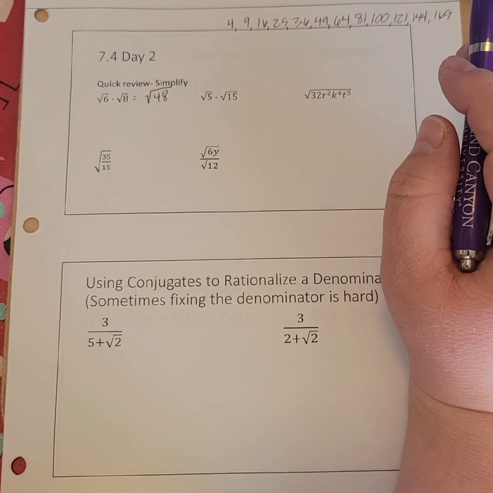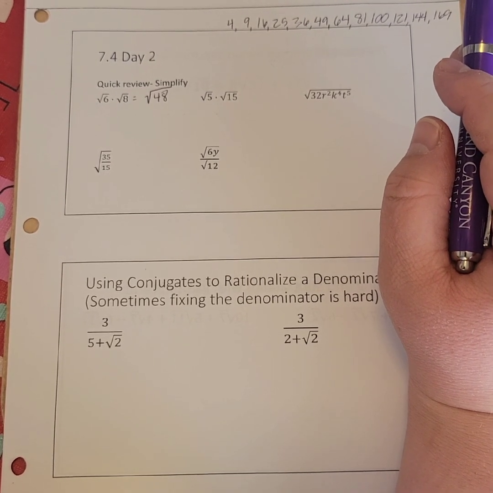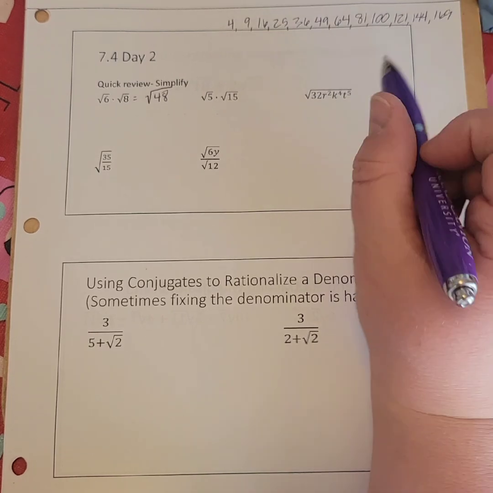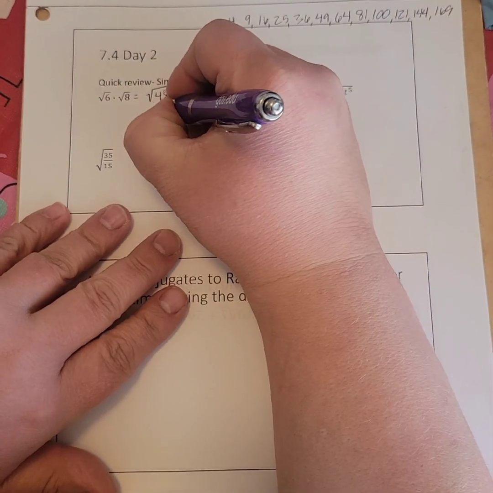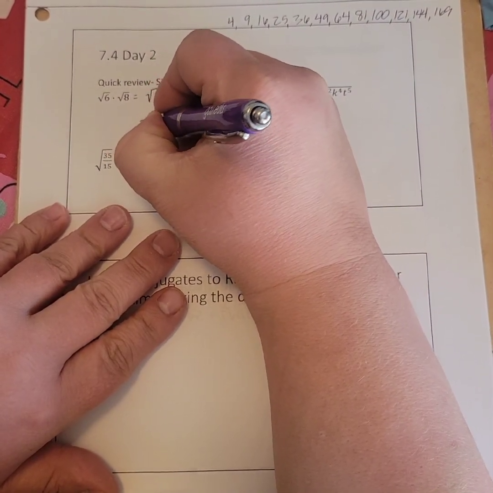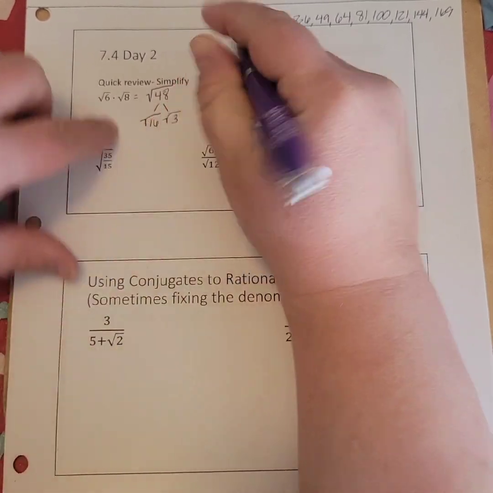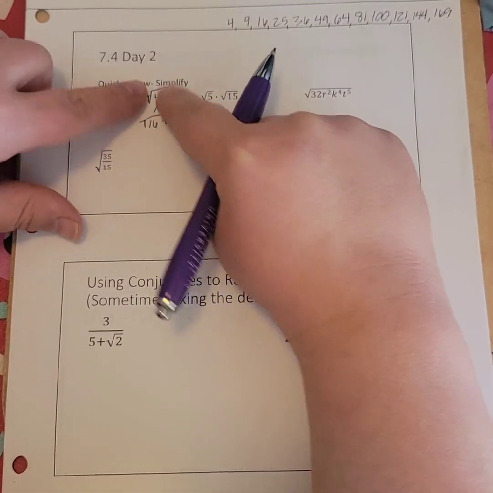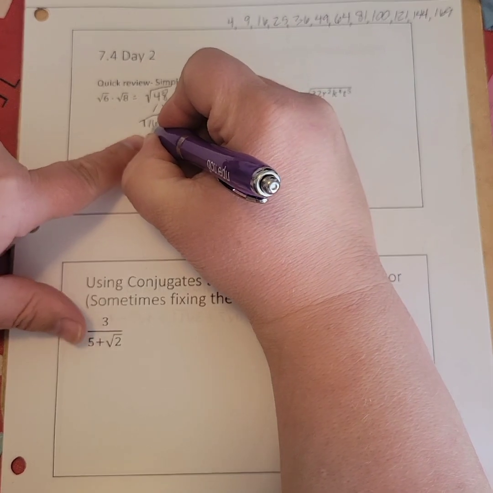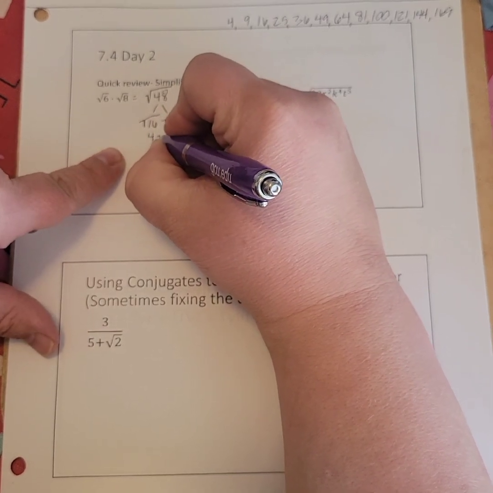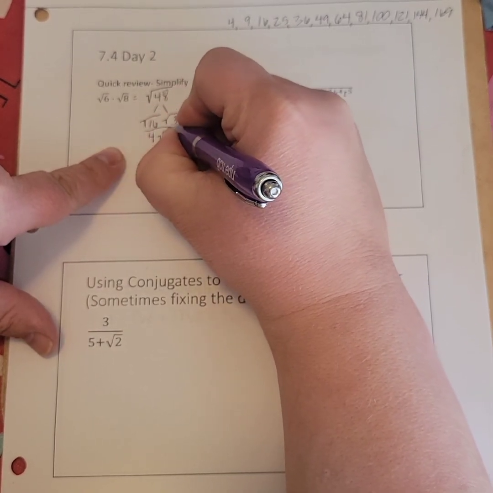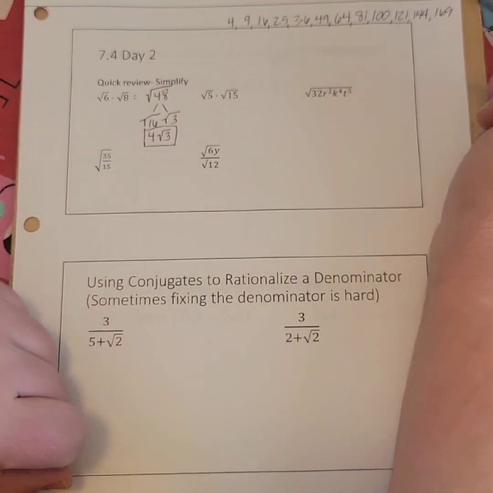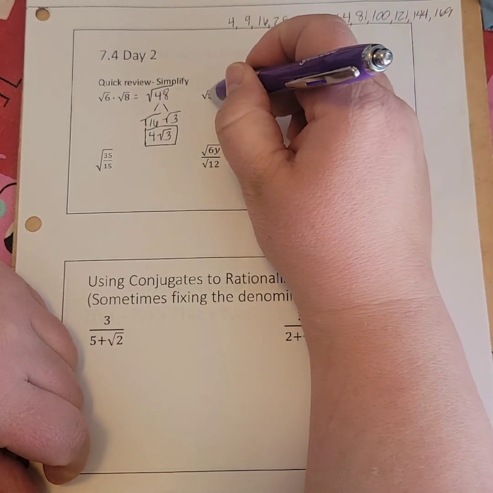So let's do 48 divided by 16 is 3. So this breaks into square root of 16 and the square root of 3. These are still the same thing as this, but now square root of 16 becomes 4, square root 3. Okay? All right, kind of the same thing here.